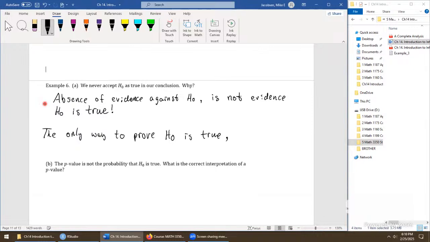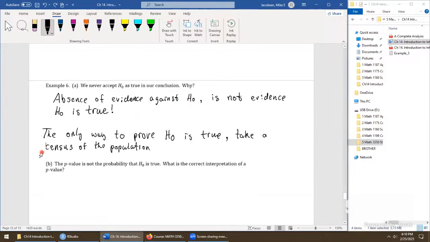You have to take a census of the population, and once you have a census of the population, your sample is the whole population, in other words, we can compute mu at this point. We'll compute the population average because we have access to the entire population. And then we just check the value of mu against the statement in H naught. It's either true or false now.